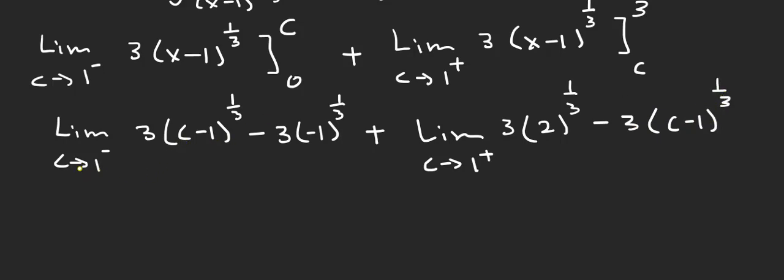So what happens as c approaches 1, very close to 1? This thing goes to 0. So what is negative 1 to the power of 1/3, or the cube root of negative 1? That's negative 1, times negative 3 is 3, plus, what about over here? You get 3 times 2 to the 1/3. What about when c goes to 1, very close to 1? That goes to 0. So minus 0.